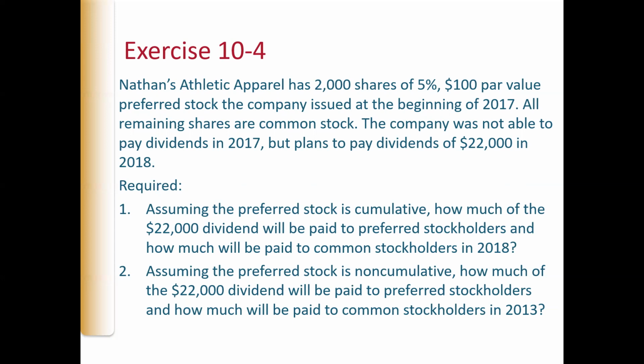Assuming the preferred stock is cumulative, how much of the $22,000 dividend will be paid to preferred stockholders and how much will be paid to common stockholders in 2018? And then if it's non-cumulative, how would that make a difference? I'll give you just a couple of minutes here, okay, guys?